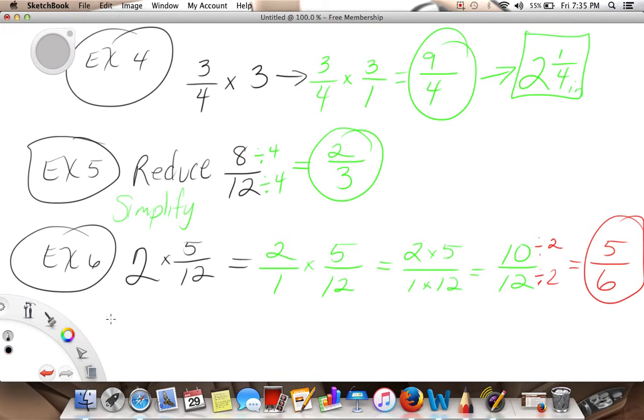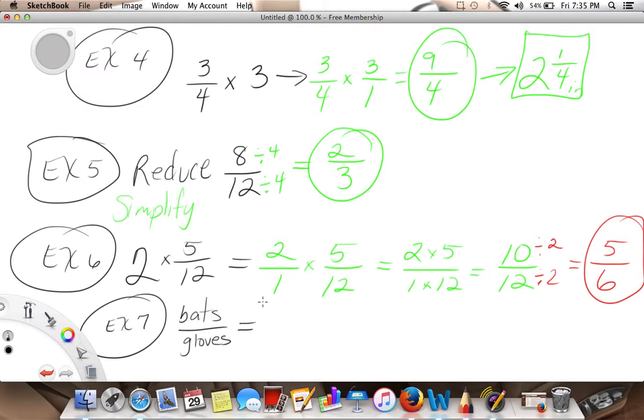Last but not least, we have example 7. Example 7 says there were 8 baseball bats and 12 baseball gloves in the bag. What is the ratio of bats to gloves in the bag? Now notice we have bats over gloves. We want to write this ratio as a fraction because we're working with fractions.